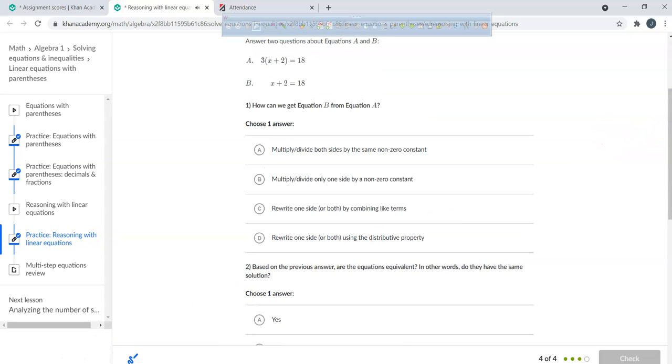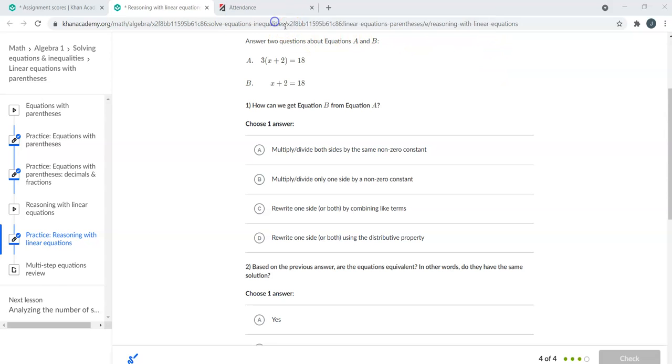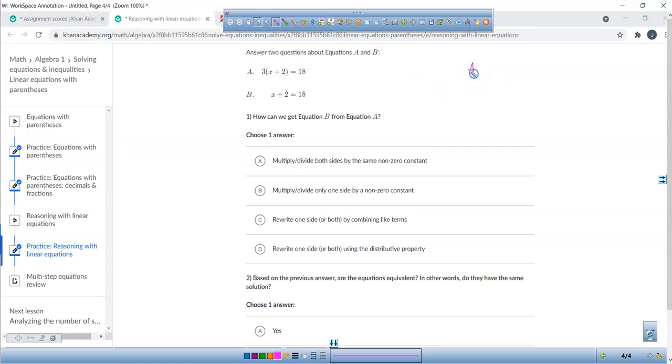All right, last question. Last problem. Let's take a look at this. Here I have equation A, and it says 3 parentheses x plus 2 equals 18. And over here, B says x plus 2 equals 18.